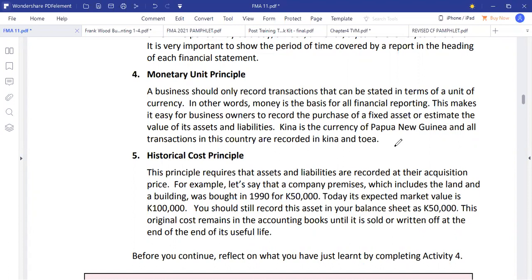You should still record as an asset in your balance sheet what? 50,000. This is the original cost which remains in your accounting until it is sold or written off for its useful value. So the historical cost concept must record all assets at their what?